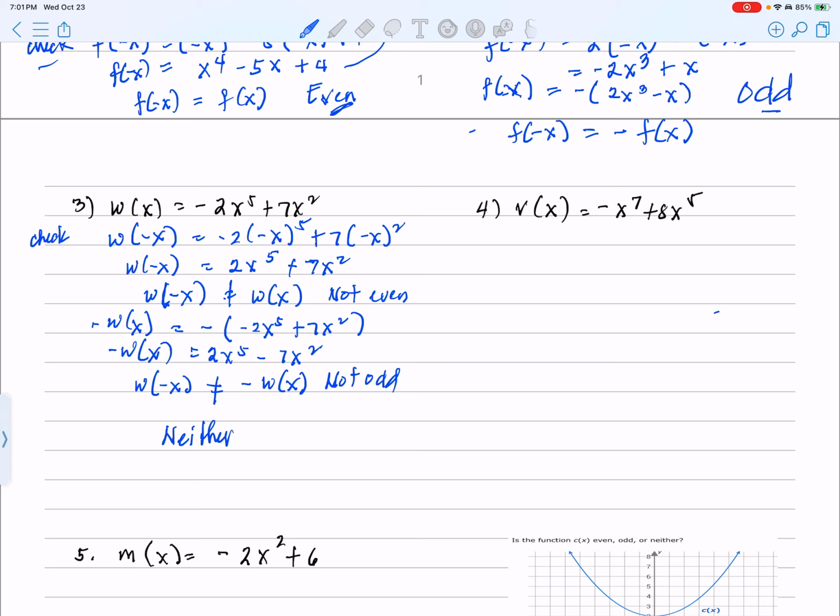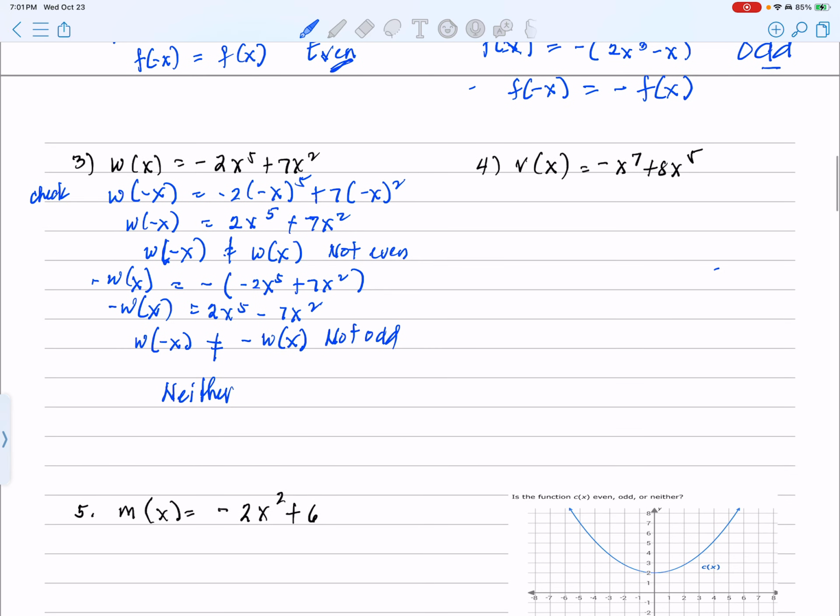Let's have number 4. b of x is negative x to the power of 7 plus 8x to the fifth. Our degree is odd. I want to check if this is really odd, by looking at the degree. So, algebraically, I will check if it's odd.